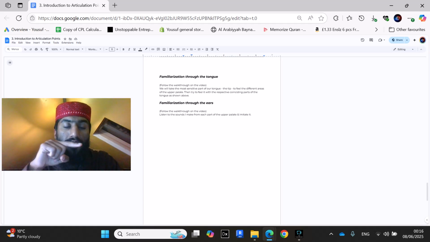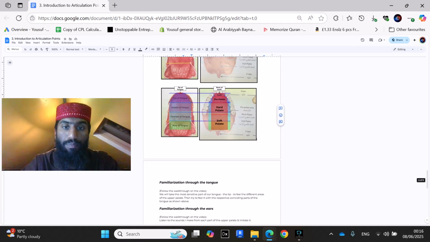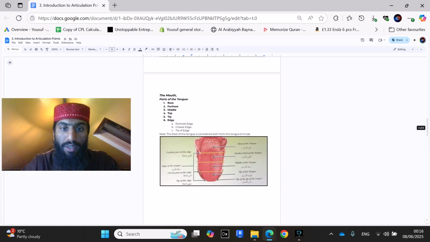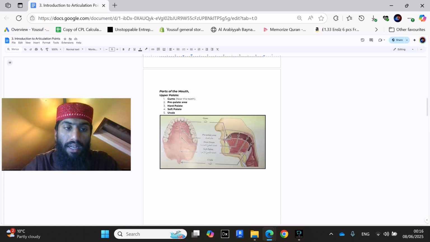And when it starts to slide upwards, that is the prepalate area. As it goes up, it actually starts to tickle a little bit as well. That's the prepalate area.